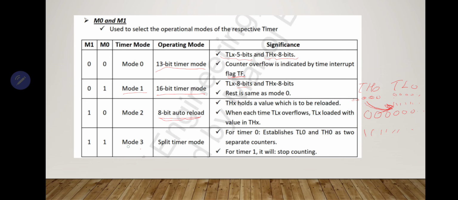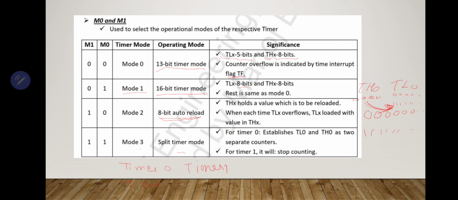Then the last mode is mode 3. It is called split timer mode. In split timer mode, timer 0 establishes TL0 and TH0 as two separate counters, and timer 1 stops counting. In the three modes, mode 0, mode 1 and mode 2, timer 0 and timer 1 work differently.